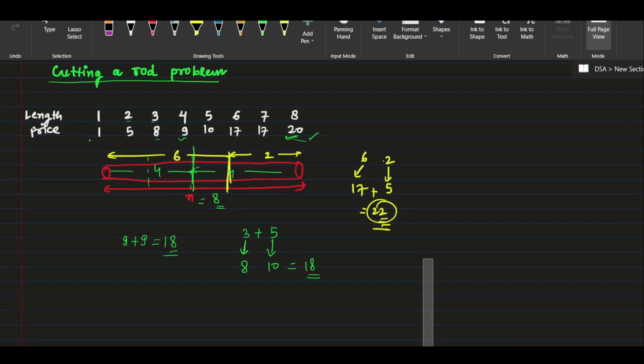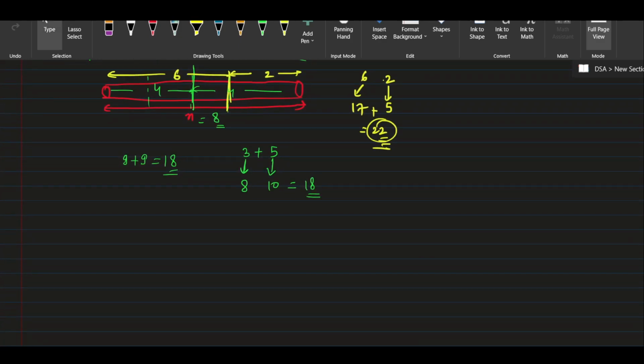One way to solve this problem is to make cuts using a brute force approach. In the brute force approach, we have a rod of length n.